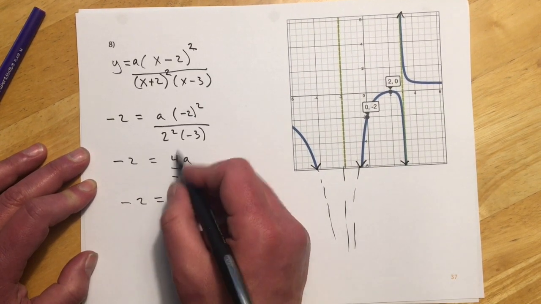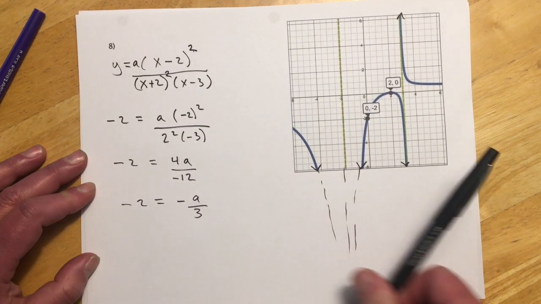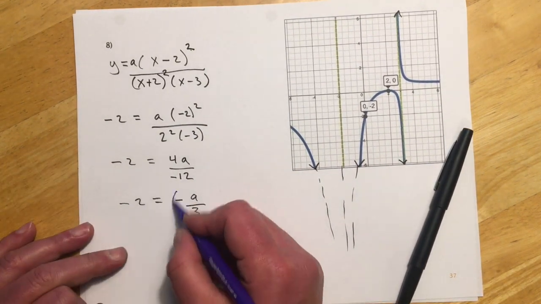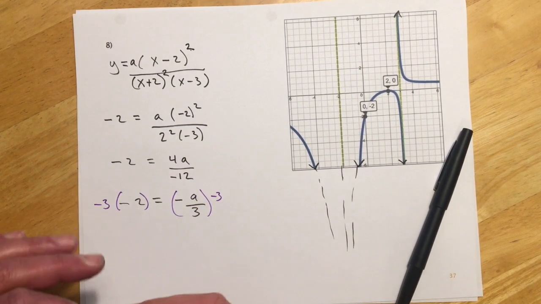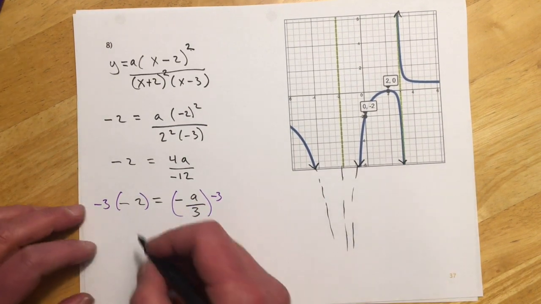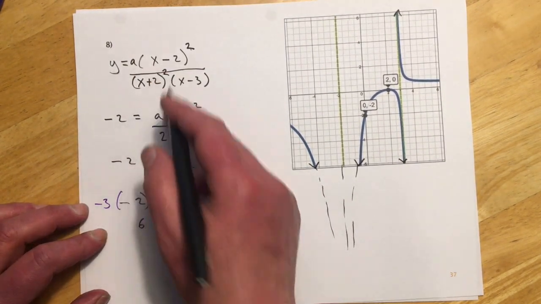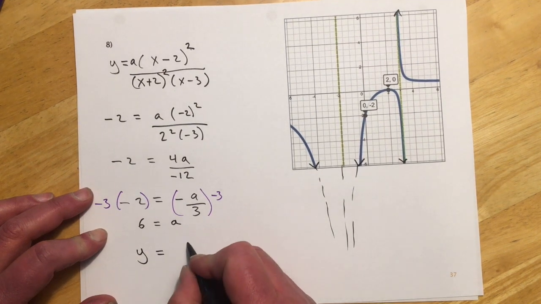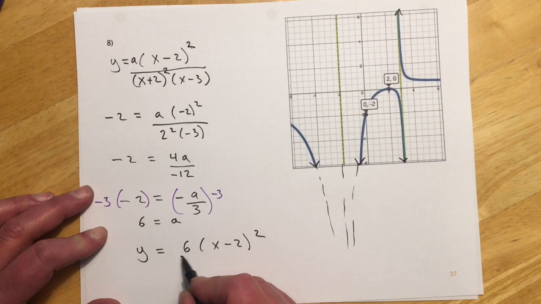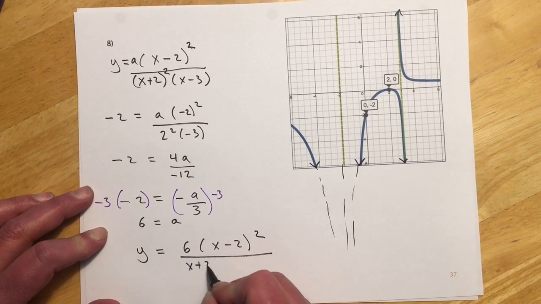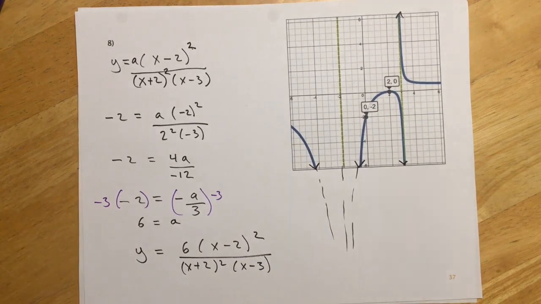So -2 cancel makes -a over 3. And then here I can just multiply both sides by -3. So that is 6 equals a. So final on this, since that's pretty messy up there, it'll be 6 and then x minus 2 squared over x plus 2 squared and x minus 3.